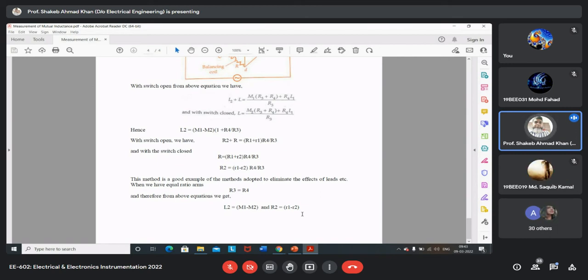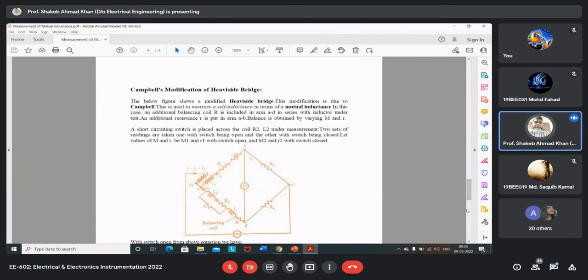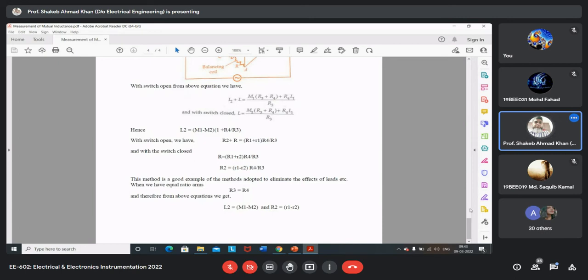Now, you see, in this case, we are performing a two-step experiment and then subtracting these two. This method is very good and sometimes preferred, because whatever lead resistance and common types of error these equations have will be taken care of, because we are subtracting, and all those common errors get cancelled.